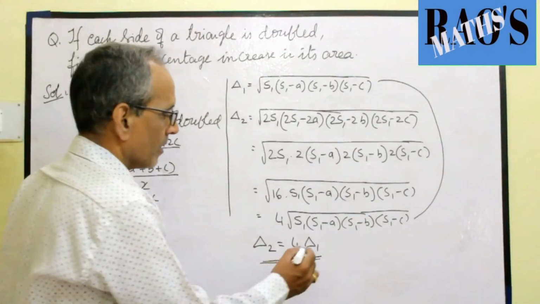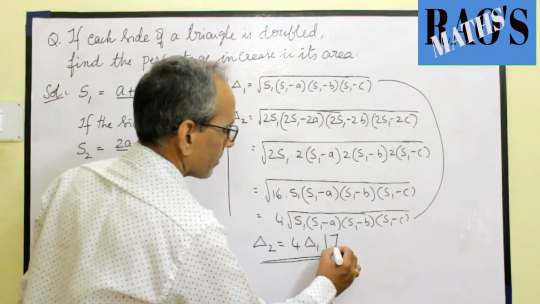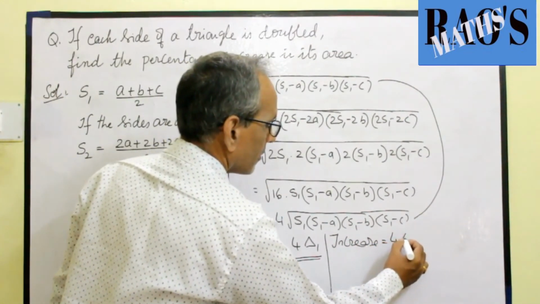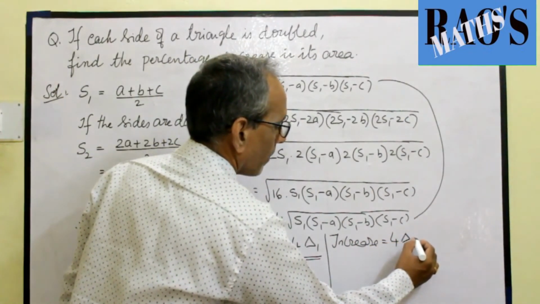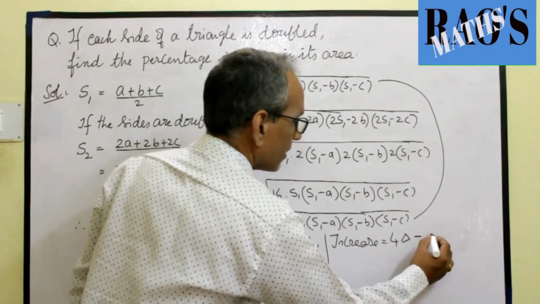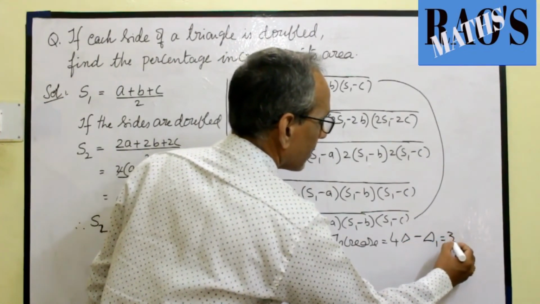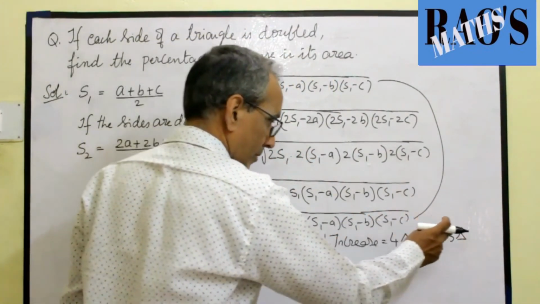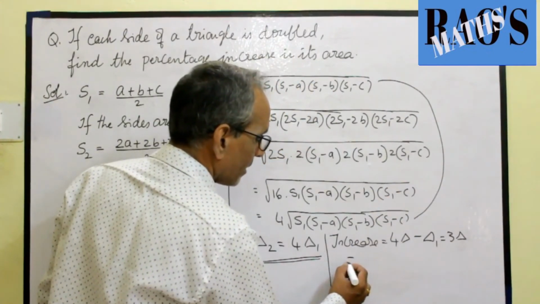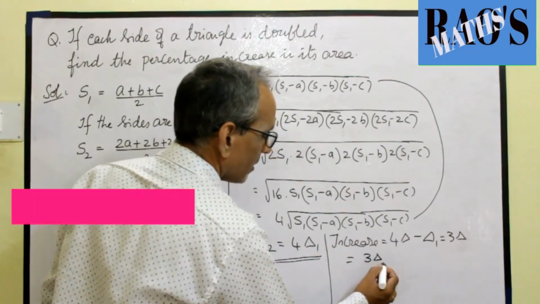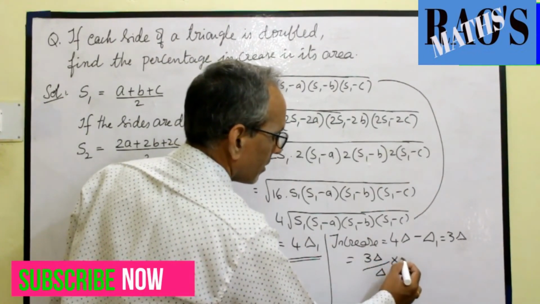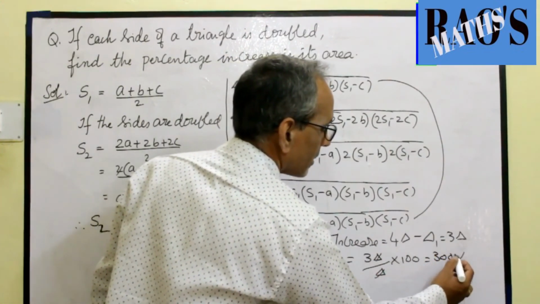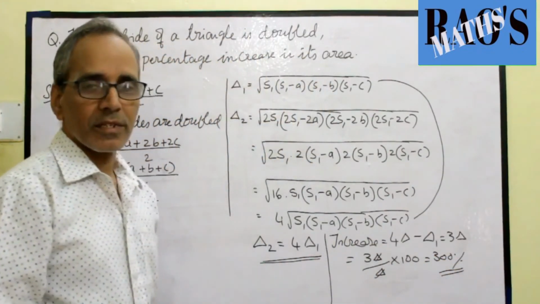So the increase is equal to 4 times triangle 1 minus triangle 1, that is 3 times triangle 1 increased. So increase in percentage, 3 times by 1 time into 100. So 300% the area of the triangle is increased.